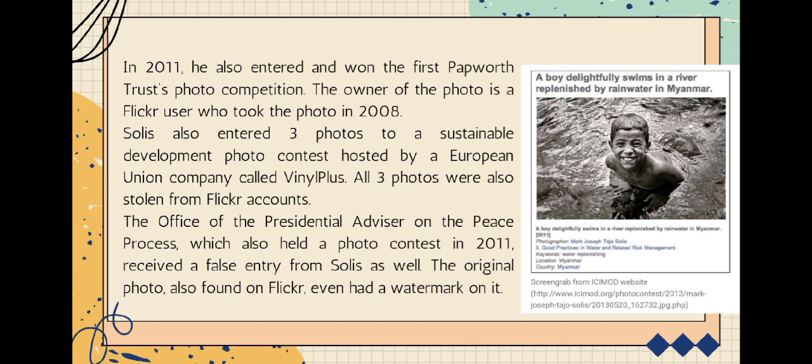All 3 photos were also stolen from Flickr accounts. The Office of the Presidential Advisor on the Peace Process, which also held a photo contest in 2011, received a false entry from Solis as well. The original photo, also found on Flickr, even had a watermark on it.